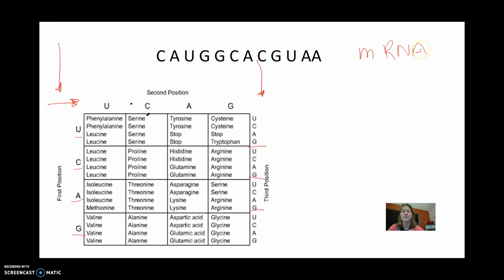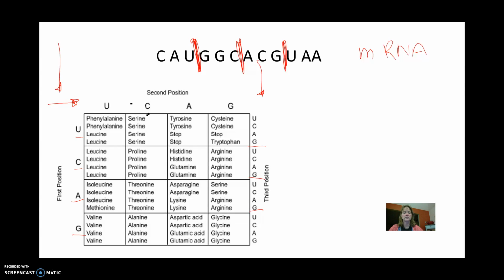I have already gone from DNA into messenger RNA; I have only changed this one time. Remember, we always read three letters at a time. So there's one codon, CAU. Our second codon is GGC. Our third codon is ACG, and then UAA.